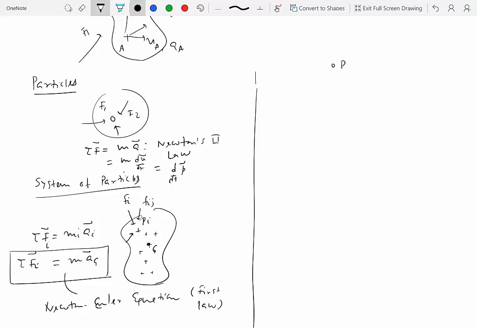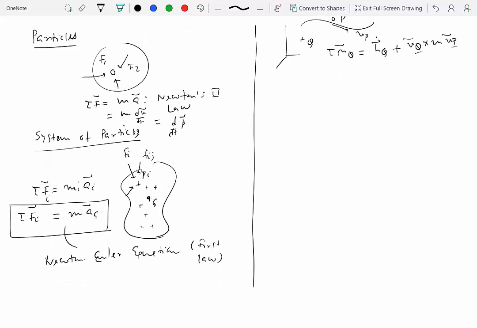If you had a single particle P moving with some velocity Vp, and you picked a reference point Q, not necessarily a fixed point, then the sum of the moments applied on the particle P with respect to Q was equal to the rate of change of angular momentum about Q plus the velocity of the point Q cross m times velocity of P. That allowed us to relate the moment of the forces acting on P with respect to the point Q with the rate of change of angular momentum. If Q was a fixed point, then this term would be 0, or if VQ and VP were parallel to each other, then the second term in this equation would also be 0.